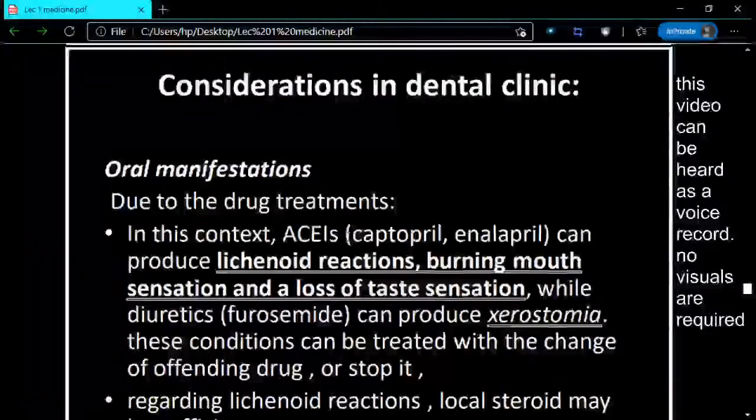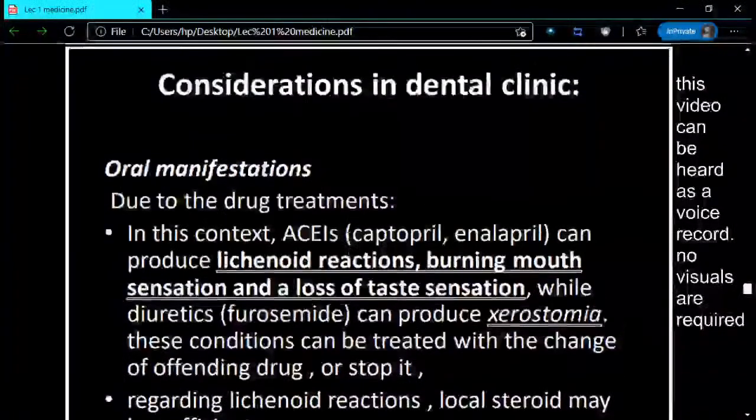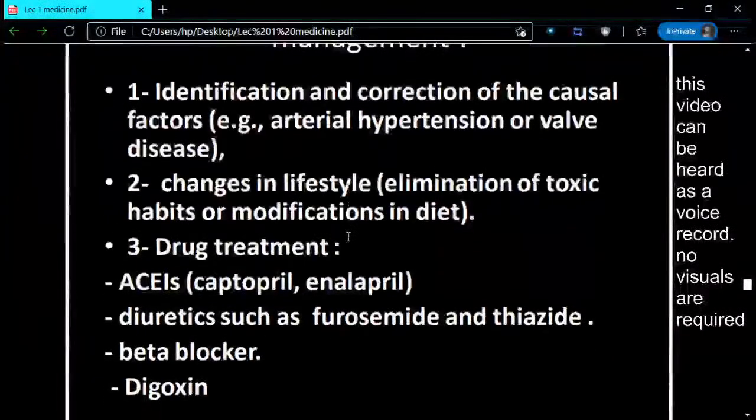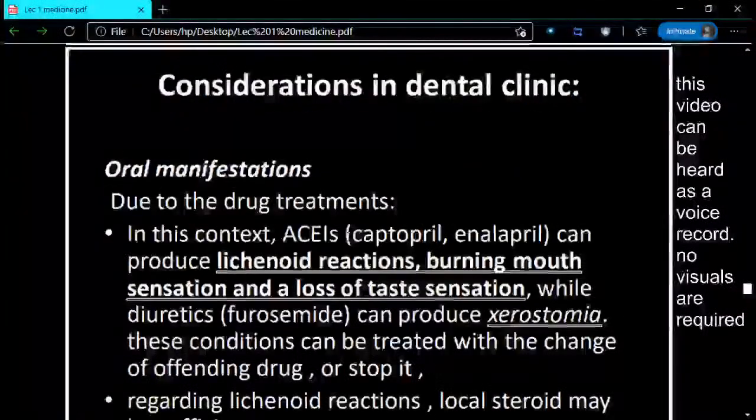Beta blockers, ACE inhibitors, diuretics, digoxin.